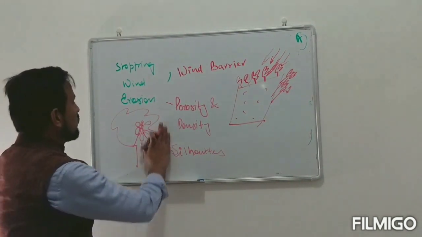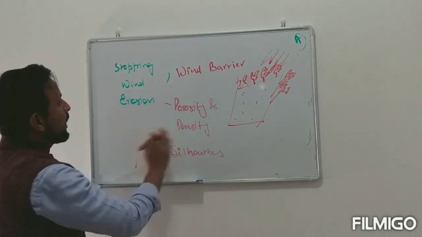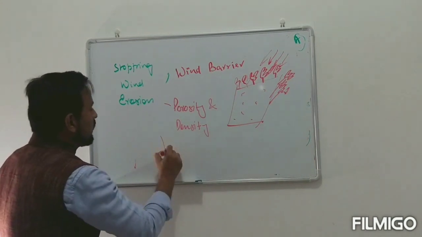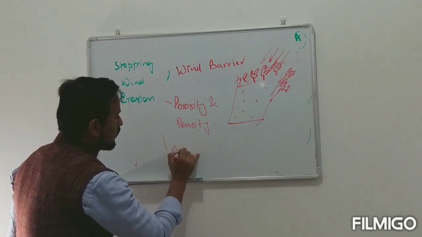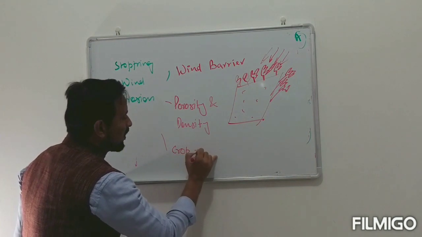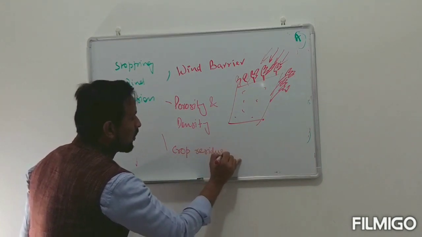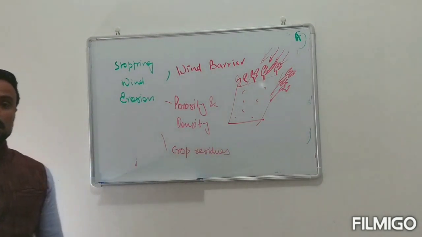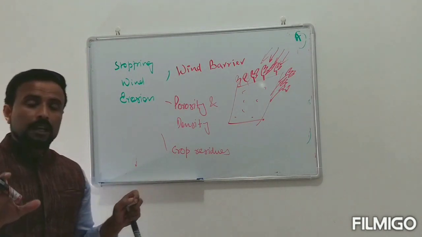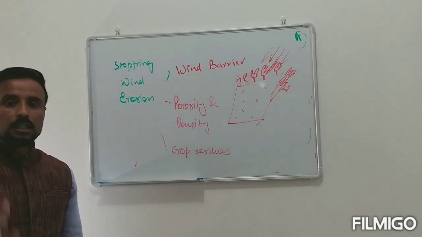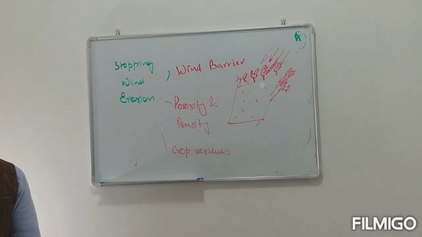Crop residues also, right? Wind barrier, crop residues. This also is an effective way of diverting the wind erosion, right?